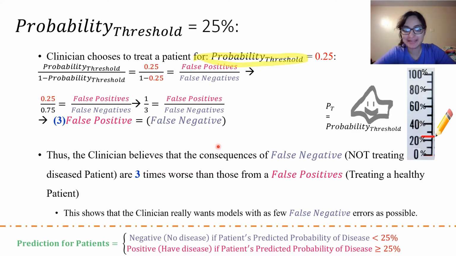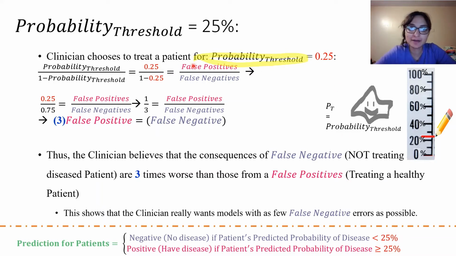So the clinician believes that the consequences of a false negative, not treating a CHD patient, are 3 times worse than those from a false positive, treating a healthy patient by thinking they have CHD. So this shows that the clinician really wants models with as few false negative errors as possible.